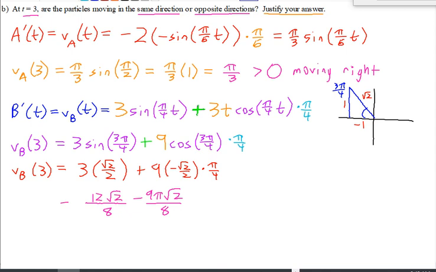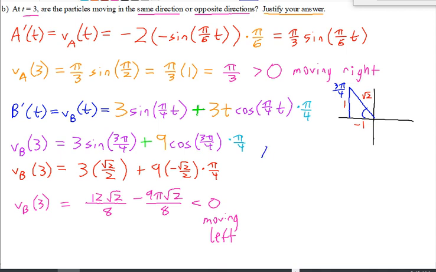So, to see if this is positive or negative, you've got 12 root 2 minus 9 pi root 2. They're both over 8, so the question is what's bigger, 12 or 9 pi? Well, pi is about 3.14 times 9, that's going to be more than 27, that's much larger than 12, so overall this is going to be negative, so less than 0. Means this particle is moving left on the x-axis.